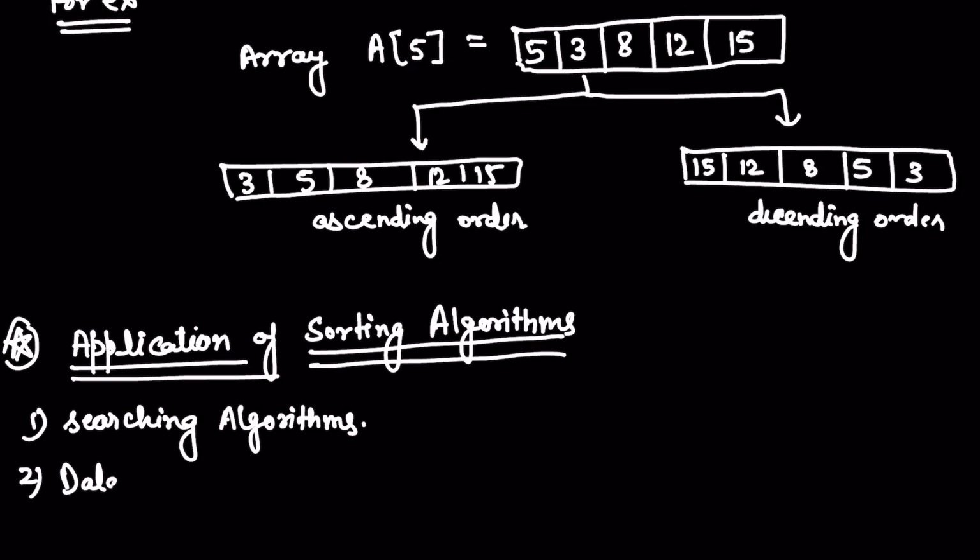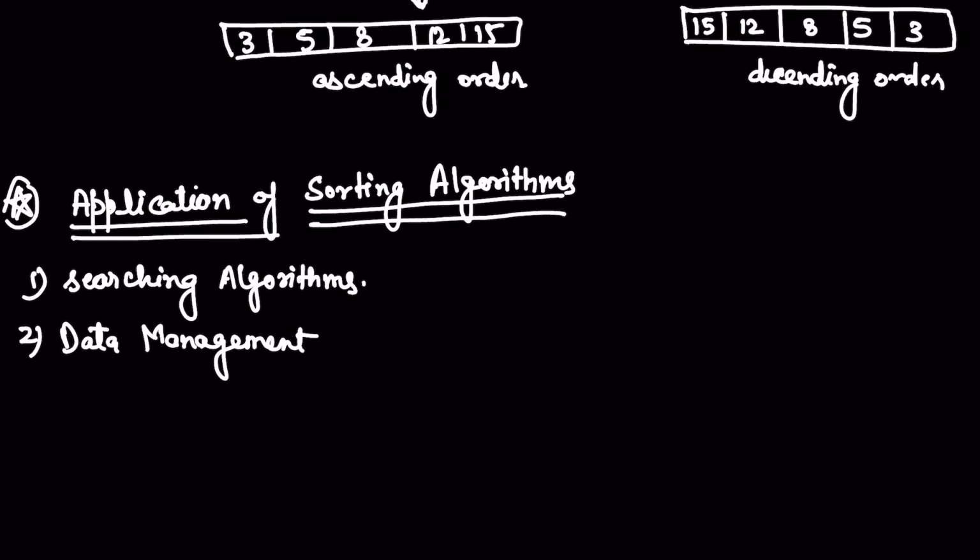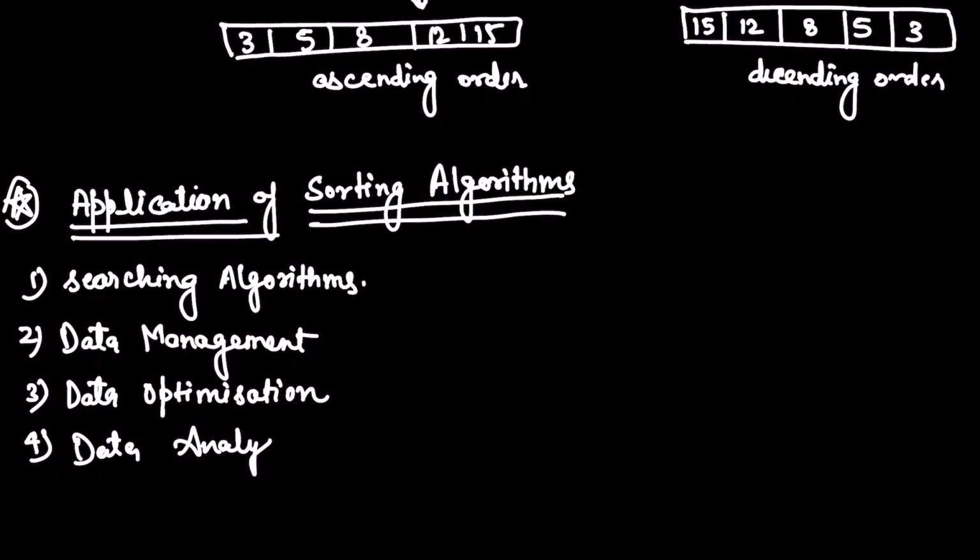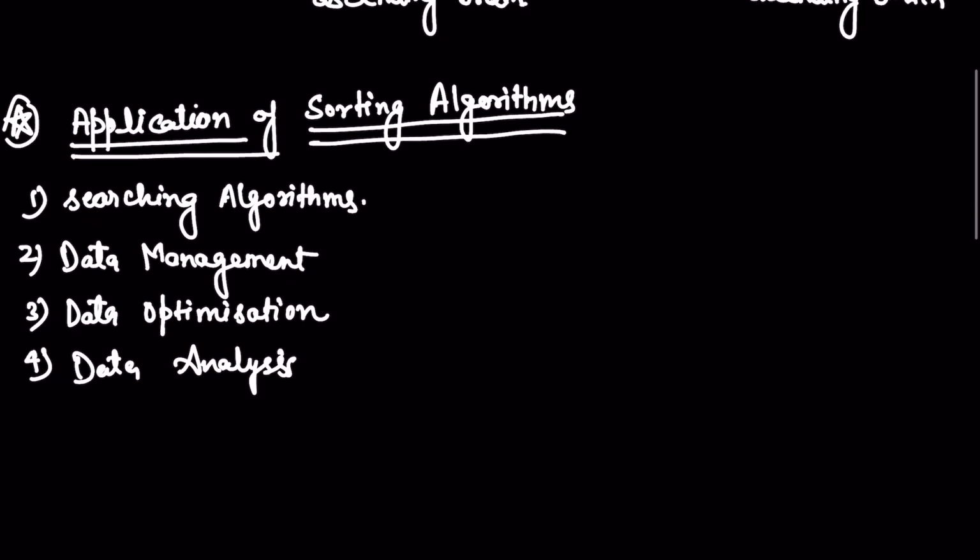Second is in data management. Data optimization. Data analysis. And operating system. So these are the applications of sorting algorithms.